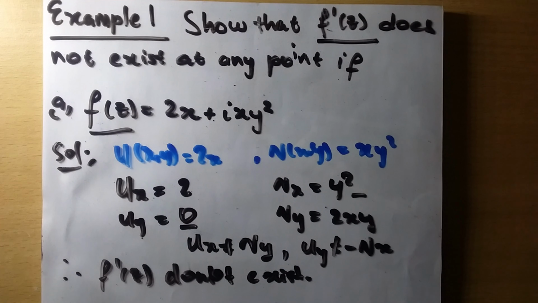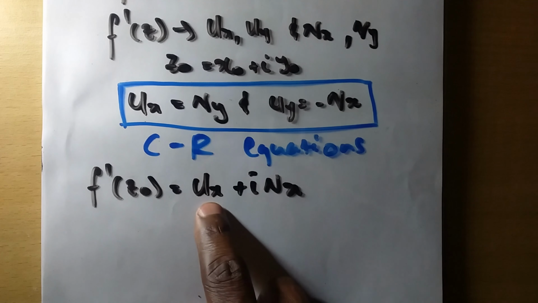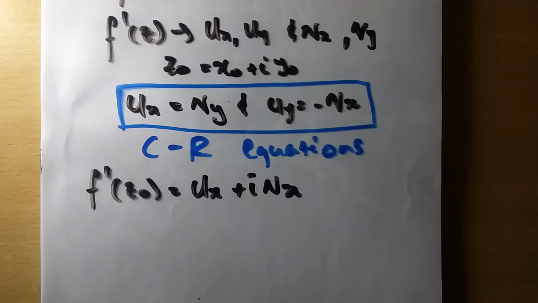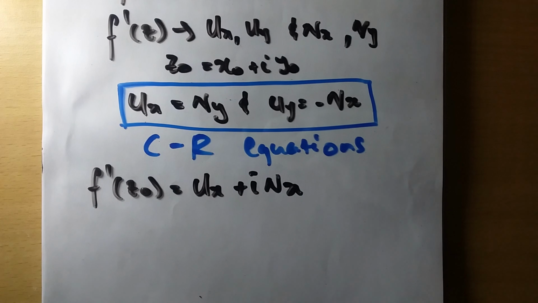What happens is that if one of the conditions is not met, then the whole thing falls out, because both conditions have to be met. And if the Cauchy-Riemann equations are met, then we can write the derivative at a point as u_x plus i v_x, where u_x and v_x are partial derivatives at the point z0.